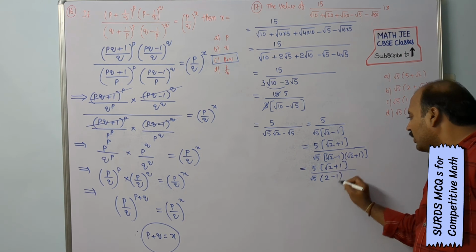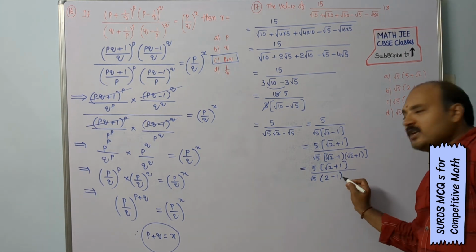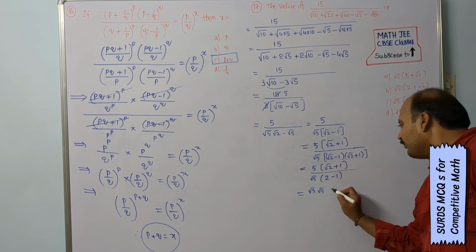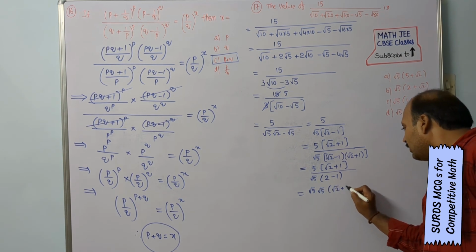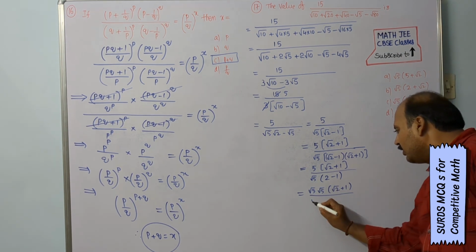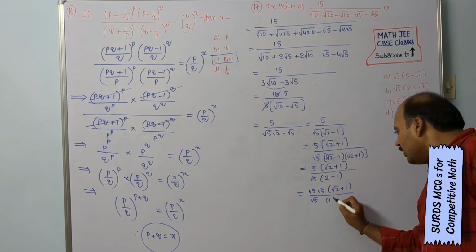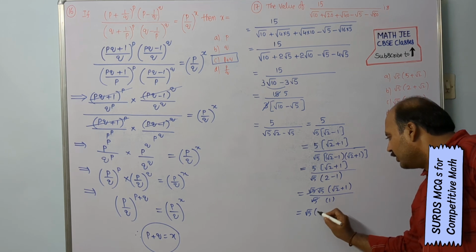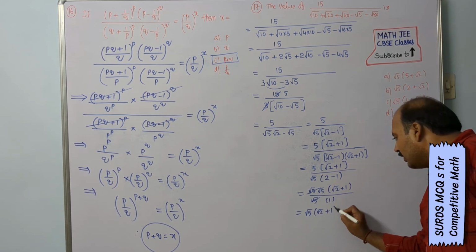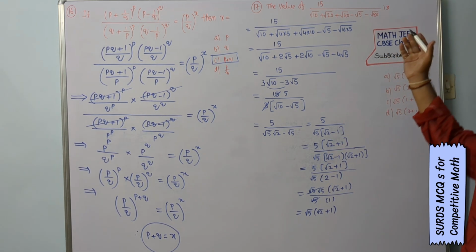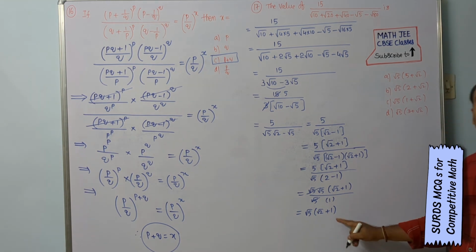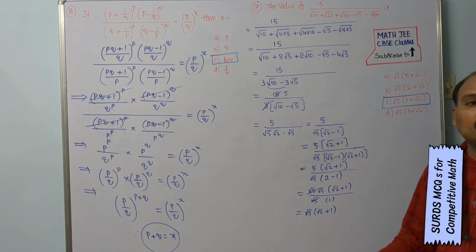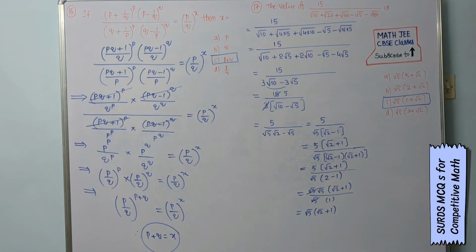So 2 minus 1, 2 minus 1 is 1 only. So 5 can be written in the numerator as root 5 into root 5, into root 2 plus 1, whole divided by root 5 into 1. Root 5 gets cancelled. Root 5 into root 2 plus 1. Therefore, the given value is equal to root 5 into root 2 plus 1. It is there in the third option, dear students. We will move on to another set of questions.